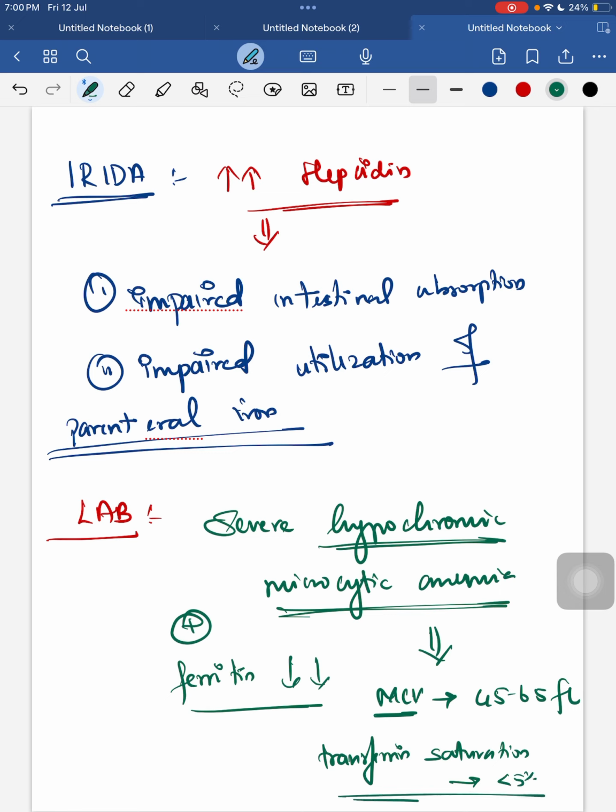Okay. So the investigation of choice to confirm your diagnosis is sequencing of your TMPRSS6 gene to establish your genetic diagnosis. This will be your investigation of choice to establish the diagnosis.